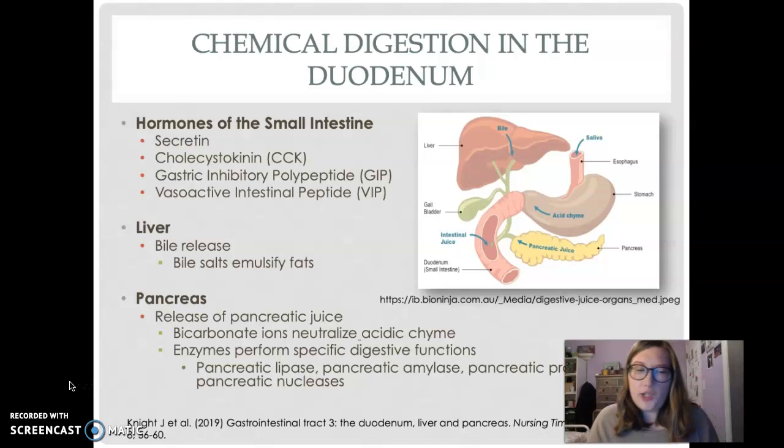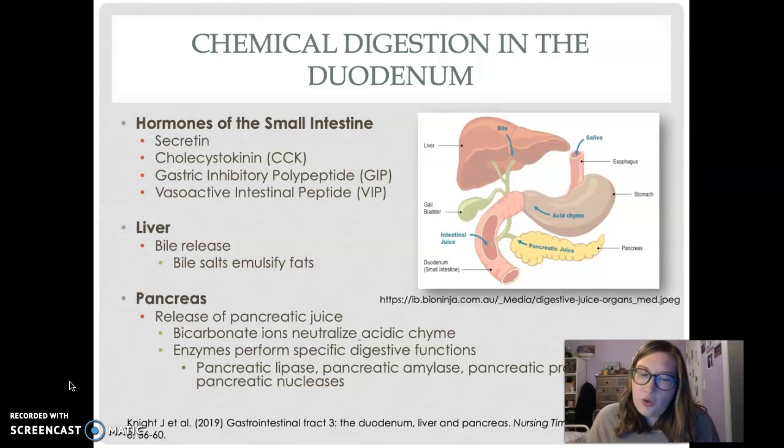Next, gastric inhibitory polypeptide, or GIP, promotes the release of insulin from the beta cells of the pancreas. And finally, vasoactive intestinal peptide, or VIP, is thought to regulate the composition of bile and pancreatic juice, as well as blood flow in the tissues of the gastrointestinal tract.